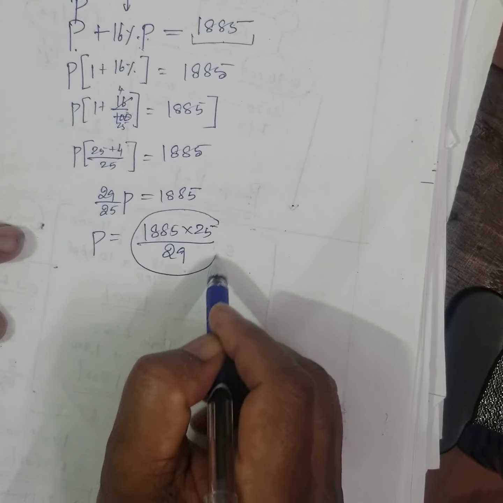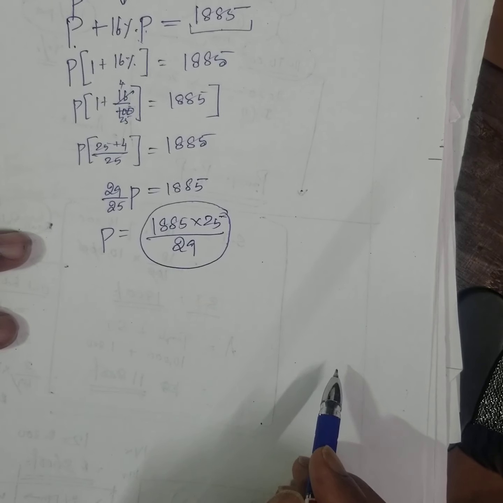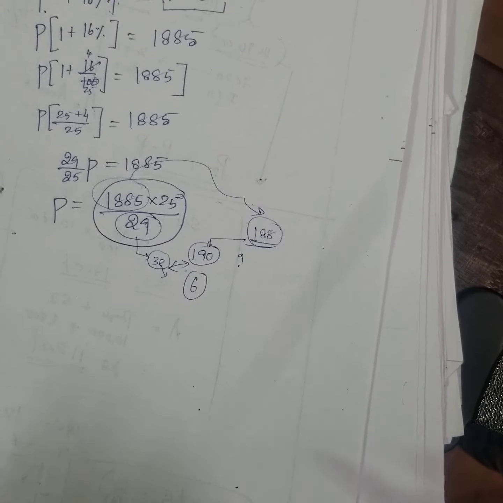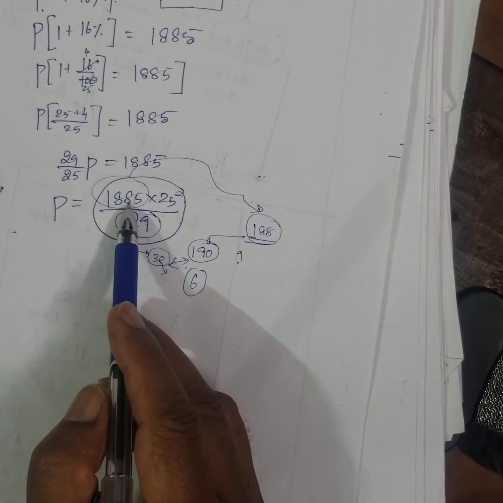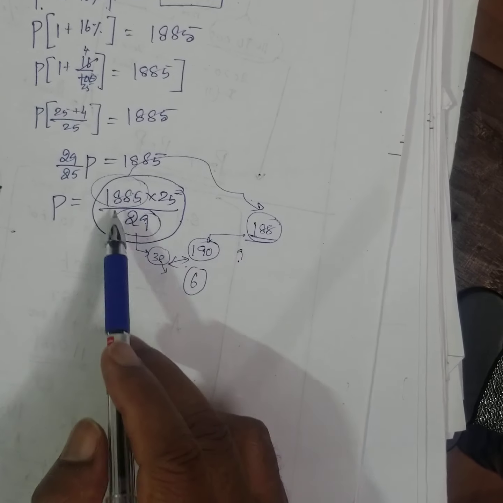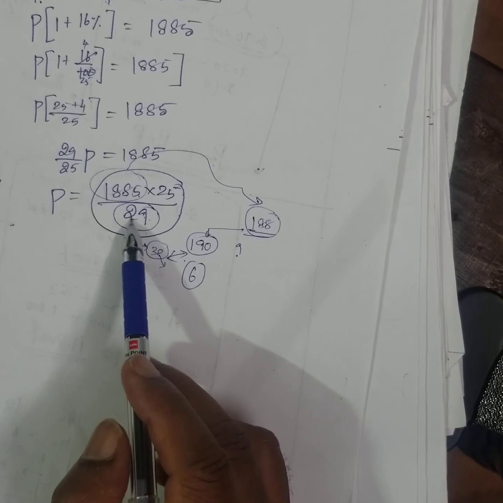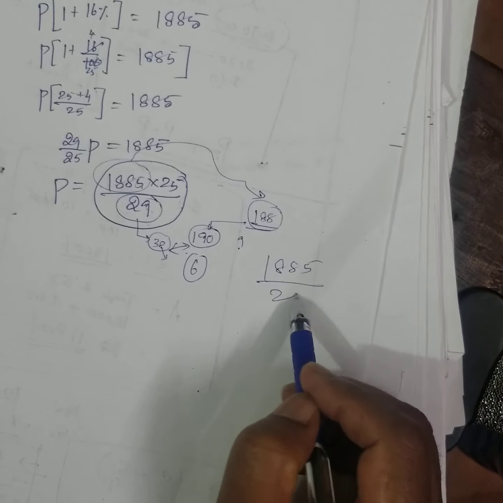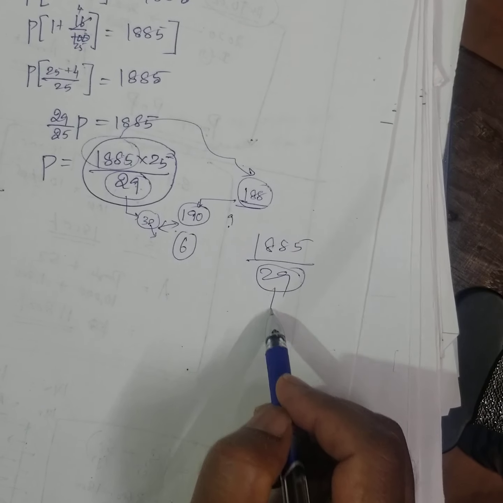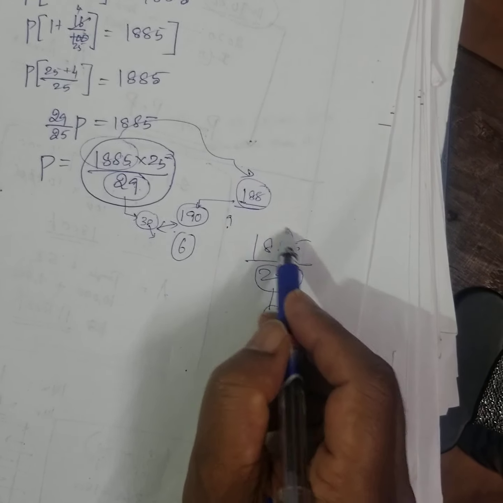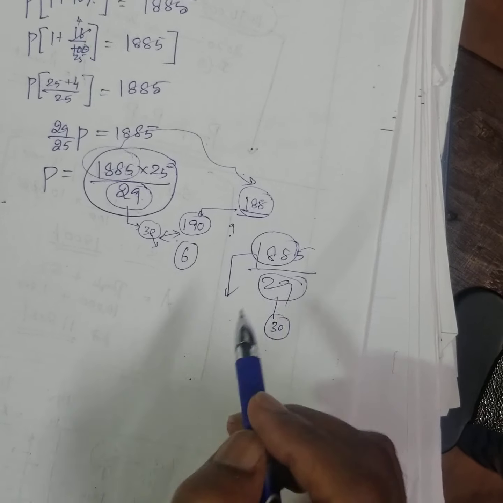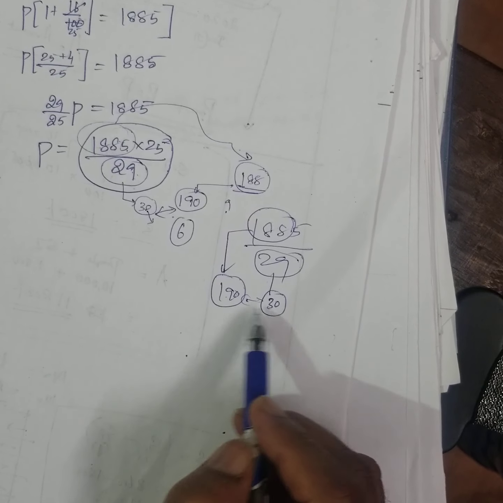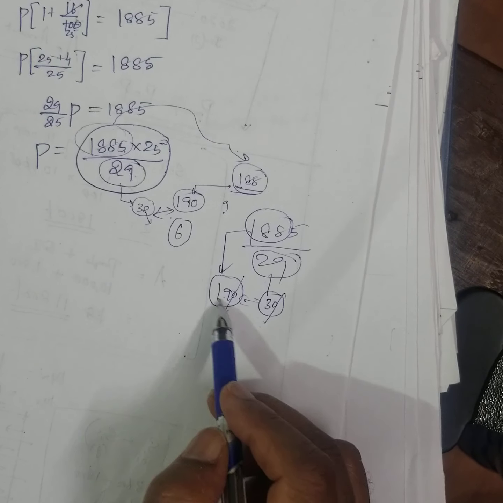Now this multiplication is very problematic. How will you do this? See, this calculation you can do one thing. Your 1885, a 4 digit number, and 29 is there. I take 1885 divided by 29. This 29, I round off to 30. This I'll take as nearly 190. How many 30s are there? Here 0, 0 cancel. 18, 19.